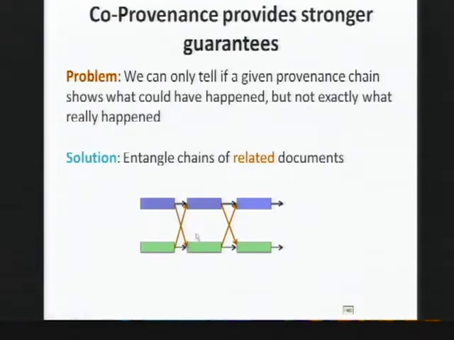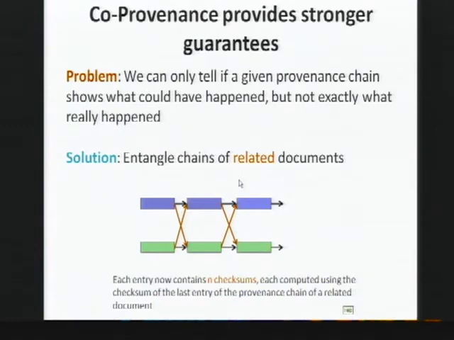So now we have made the green chain dependent on the blue chain. So now if you tamper with these 2 entries, you will not detect that when you are verifying the integrity of this one, but you will catch that right away when you are verifying the integrity of the green chain, because this fake entry will affect the checksum of this one. It will not match the checksum you have stored here.